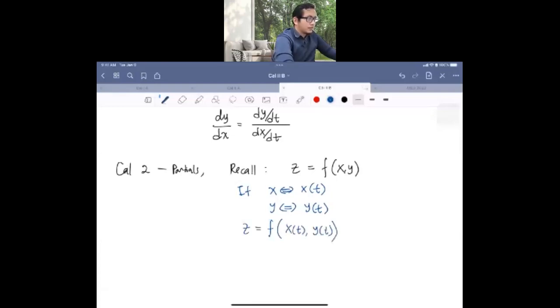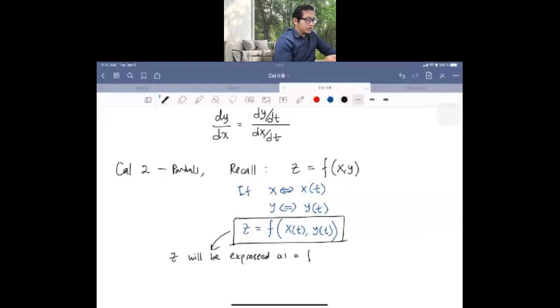Okay. Now this means that z will be expressed as a function of t. Okay, because we have x is a function of t and y also a function of t. So z, ideally, can be represented as a function of t as well, right?